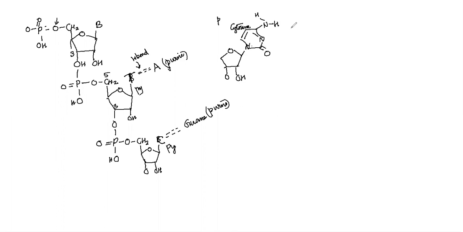The guanine has keto oxygen, N, double bond, and here there is an NH2, and here there is N, a 5-membered ring, and here there is H, and here it is bonded with a sugar molecule.